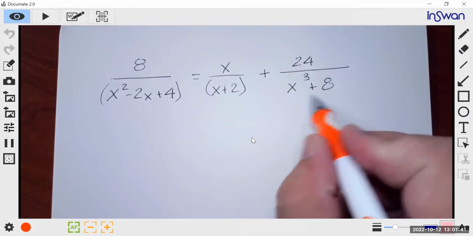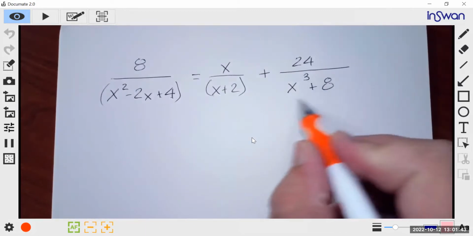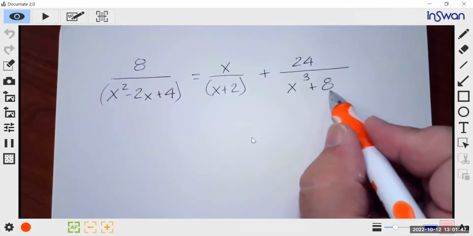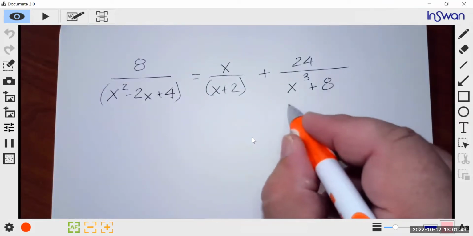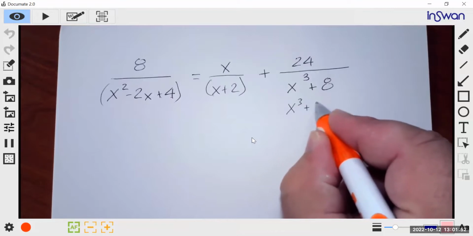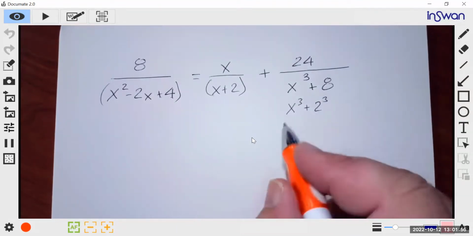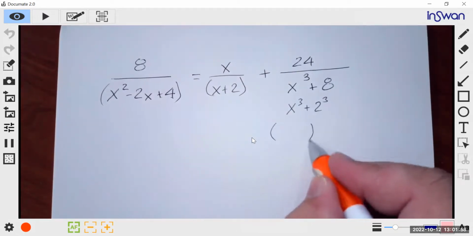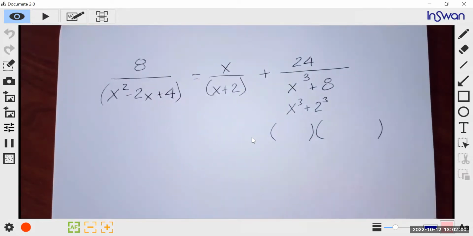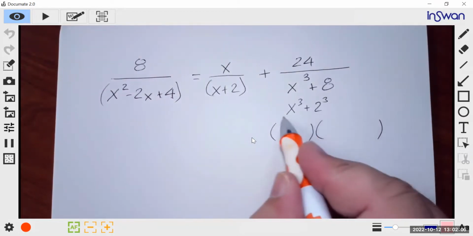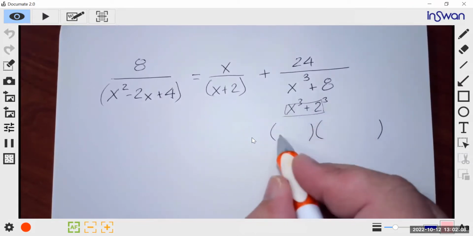Is this one? It's got a cube, so is this a sum of 2 cubes? What's 8 made up of? Yeah, so this is x cubed plus 2 cubed. Which means we can factor this one using the rule we just learned. What goes in the first parenthesis? X plus 2. Yeah, it's whatever's under the cube, so it's x plus 2.